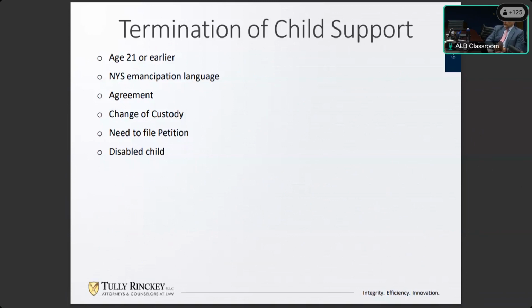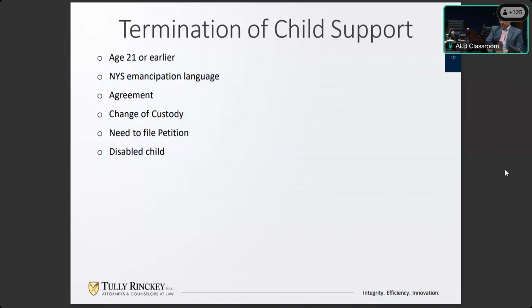Let's say all of a sudden that the child no longer resides with the primary custodial parent, decides to go and live with the other parent. That is a change of custody. Then you have to file to modify your child support based upon that child living with you. You also, if you want to get child support now from the other party, need to file a child support petition. Just because you're modifying doesn't mean you're going to get support. You have to file both.